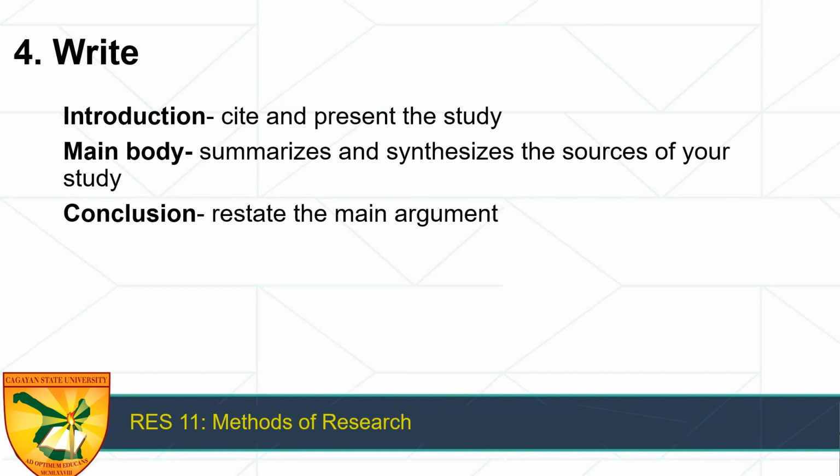In the introduction, you cite and present the study. It's just an overview of your topic, issue, or theory under consideration, along with the objectives of the literature review. Then the main body is where your organized RRL will be placed. It's a division of works under review into themes or categories.